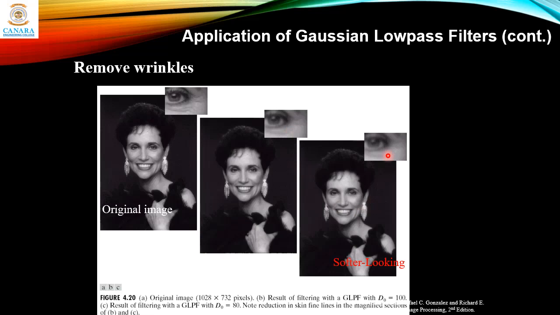Basically the image looks much softer. The trade-off here is you lose the sharper details, but for enhancing the face, it looks much better if you use this Gaussian low pass filter.